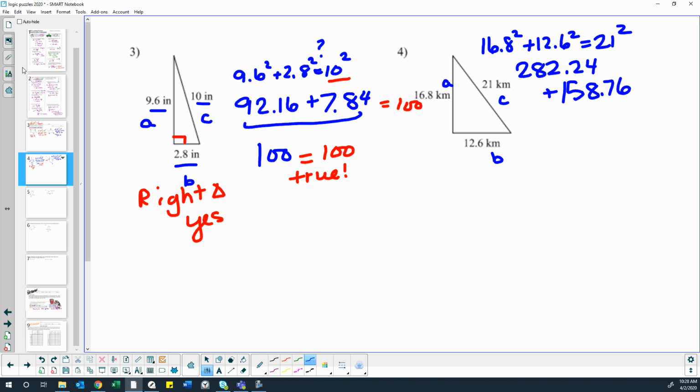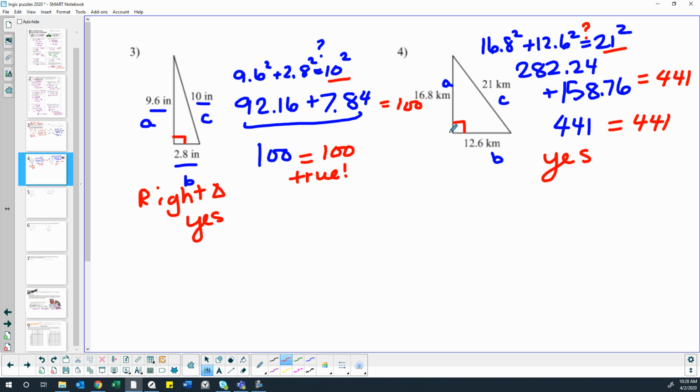Add those together and we get 441. And we're going to do that 21 squared. Well, look at that. 21 squared is 441. So at first we were questioning whether these were going to be true or not, but it turns out it is. So again, we can say yes, this is a right triangle.